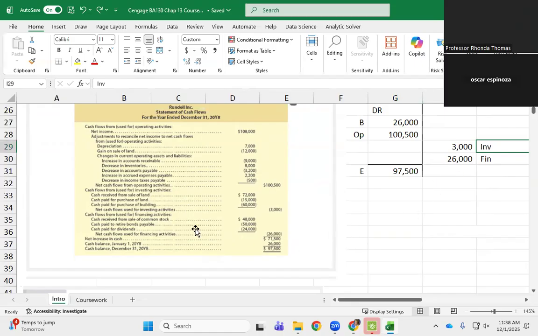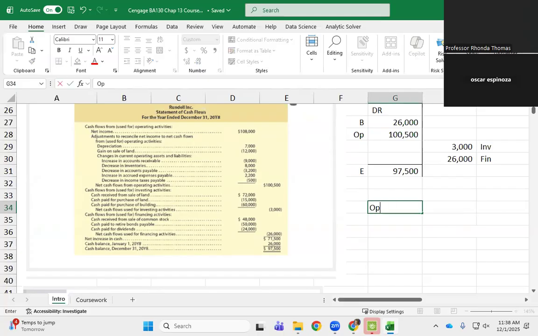And then the financing section also caused cash to go down. So these two sections caused cash to go down. This caused cash to go up. And the net of these three is the $71,500.